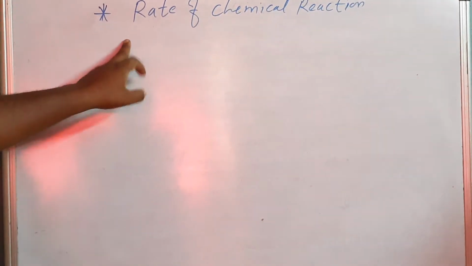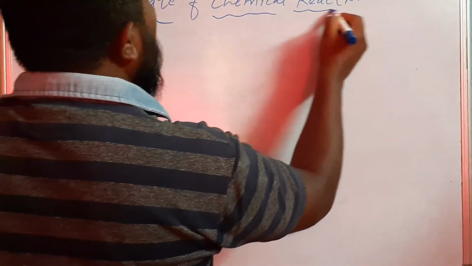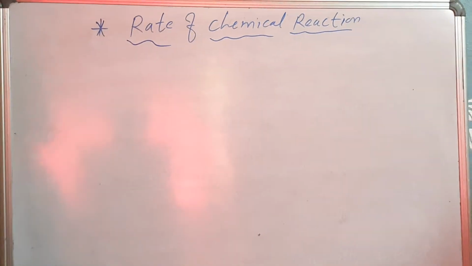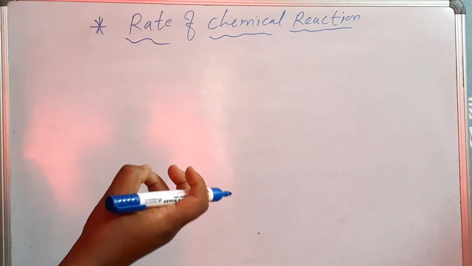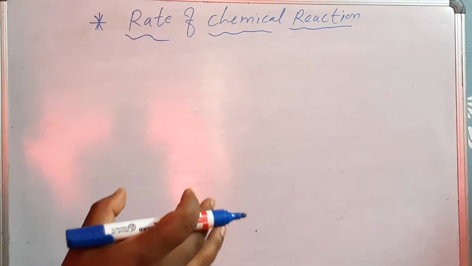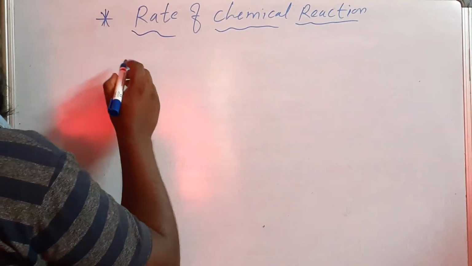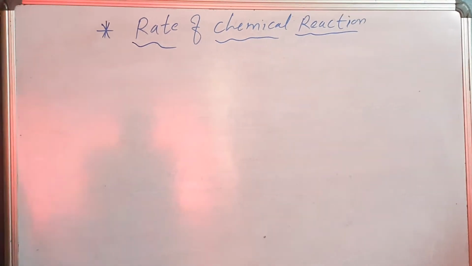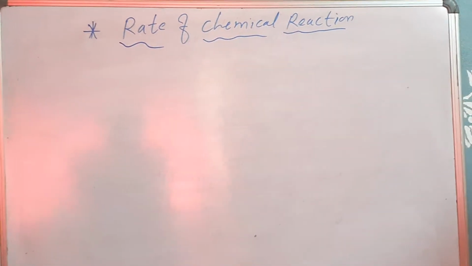Now, rate of chemical reaction. This point we have to discuss. During chemical reactions, some reactions can be fast and some take a long time. There are many examples we can take. Inside the textbook, 5 to 6 examples are given.